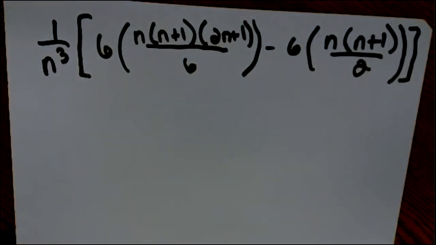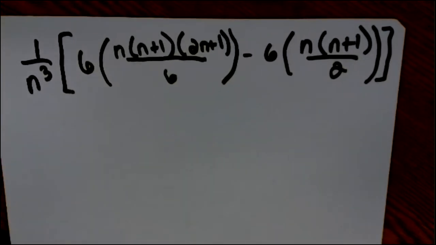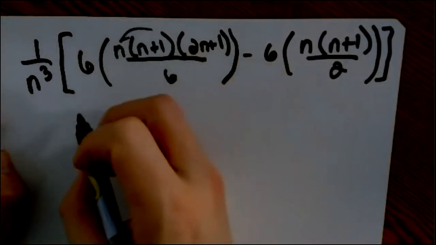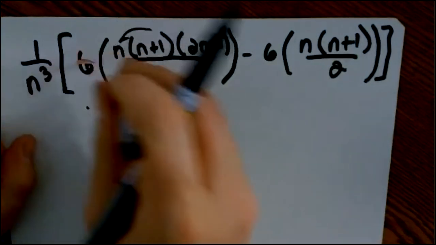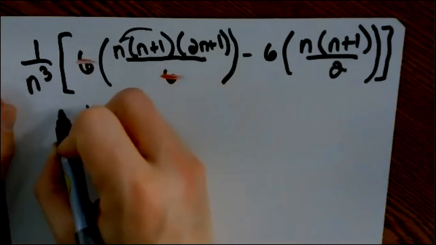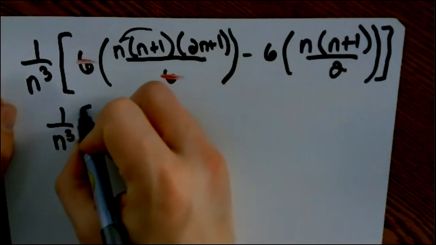Now, from here, it's all just algebra, right? How can I make this simplify down and look a little bit nicer? So let's first distribute this through, right? So I have, and let's cross the 6's out. If I have 6 on top, 6 on the bottom, those are gone. So this is 1 over n to the third.